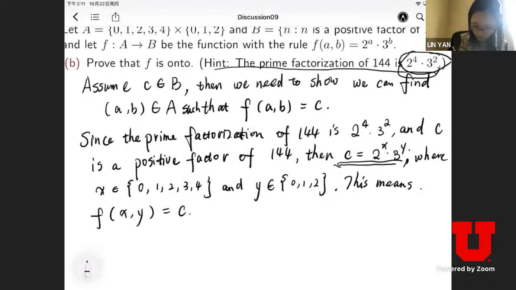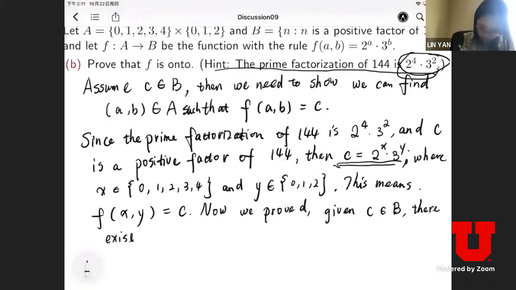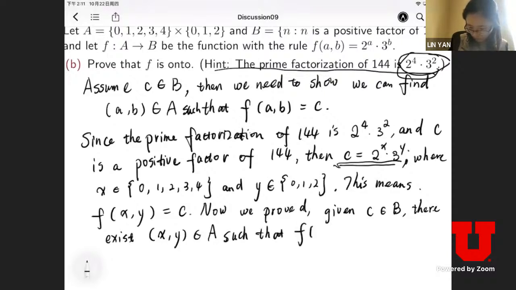Now we have the proof. We proved that given an element from the codomain, there exists (x, y), which is an element of the domain, such that f(x, y) is equal to c.